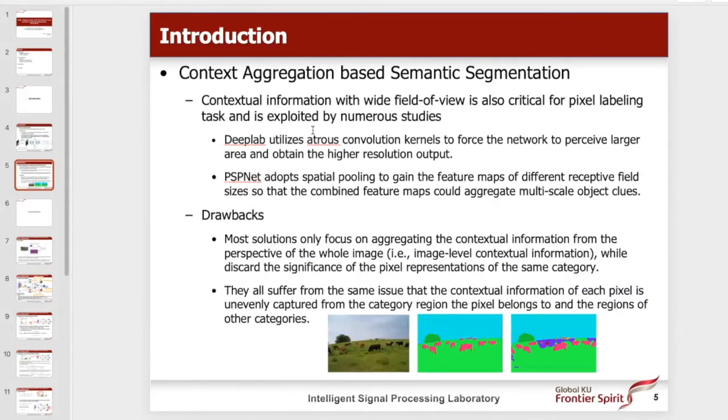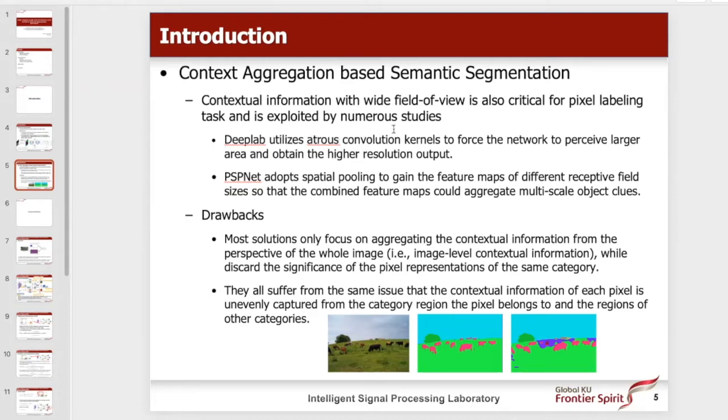When talking about context aggregation-based semantic segmentation, it has raised wide interest because a wide field of view is very crucial for this task, and it has been studied in many research works. The famous one is DeepLab.